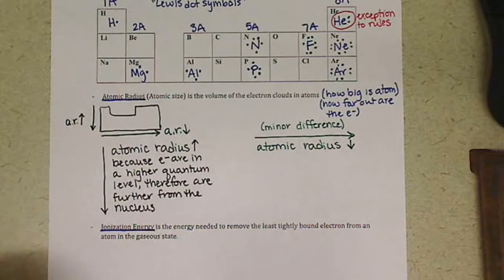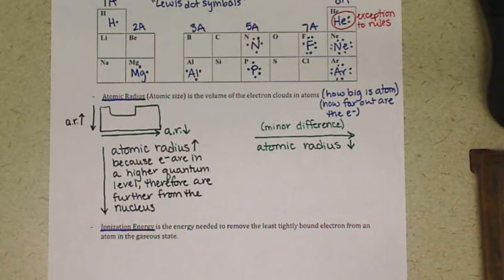Okay, our quantum number stays the same because we're moving left to right, so we're in the same period. The quantum number stays the same, but those electrons are experiencing a greater positive charge because as we move from left to right, we're increasing the number of protons in the nucleus.